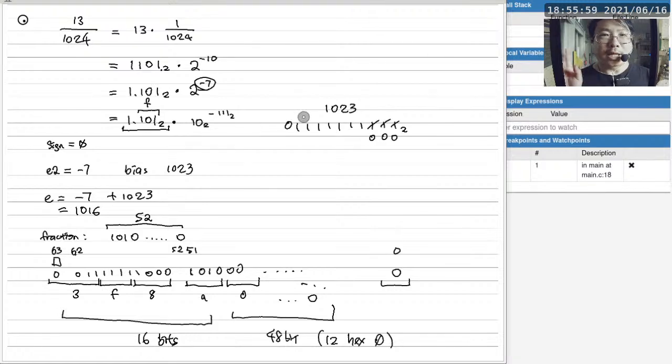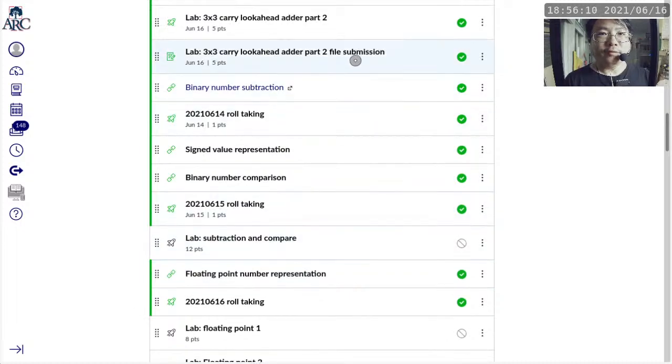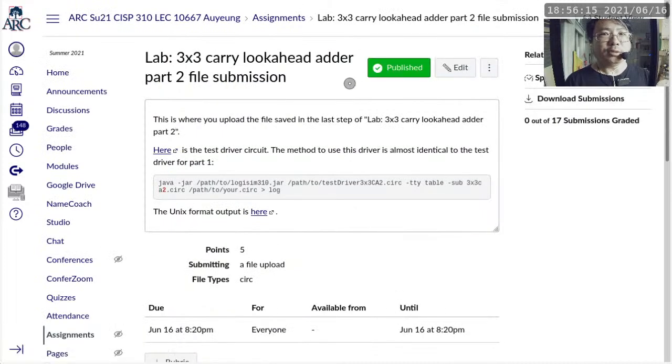Okay, I just have one more thing to remind people. Even if you have it done already, I did include the test driver. So you might want to run the test driver just to make sure that you got everything right. If you go to the file submission homework assignment for part 2, there is the test driver circuit and also the log of the correct circuit.